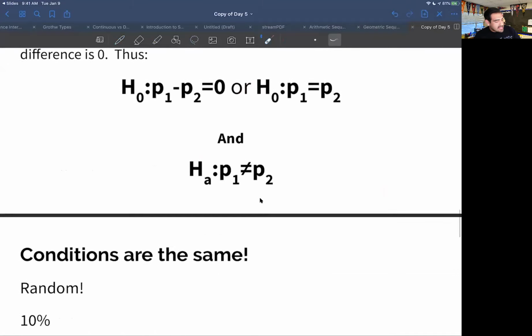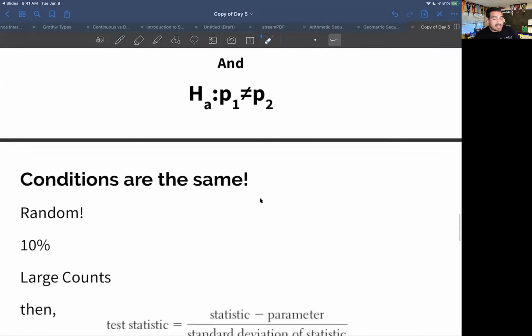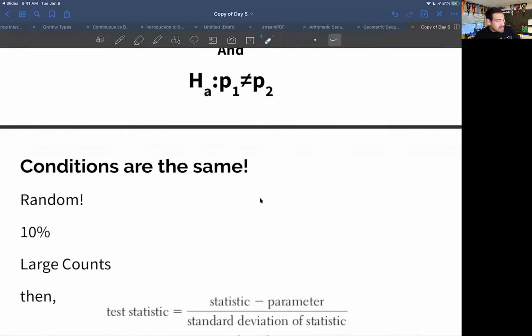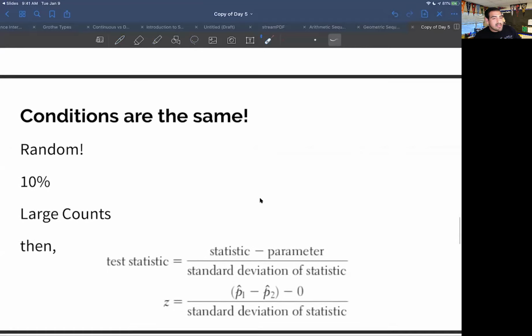So again, the conditions are the same: random, large counts, and the 10% independence. And we still have the same concept for our test statistic, right? The test statistic is just like a z-score: the statistic minus the parameter over the standard deviation of the statistic. However, it looks a little different when we're doing a difference in proportions.